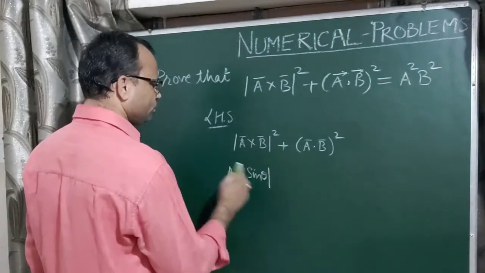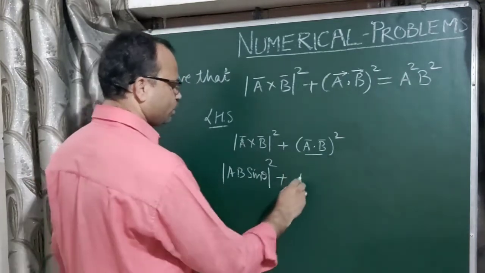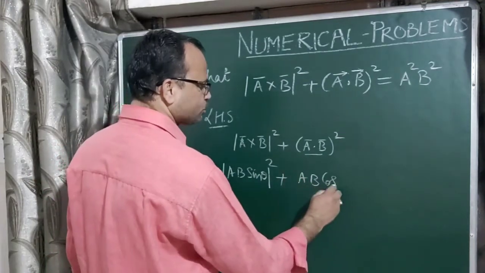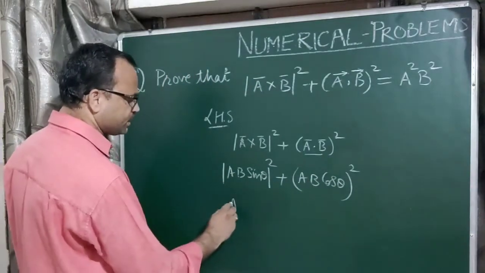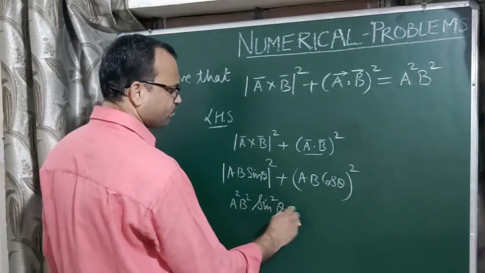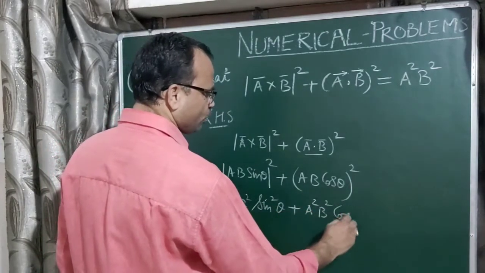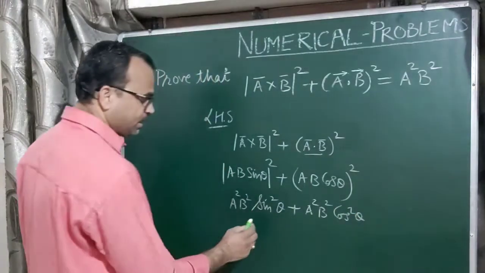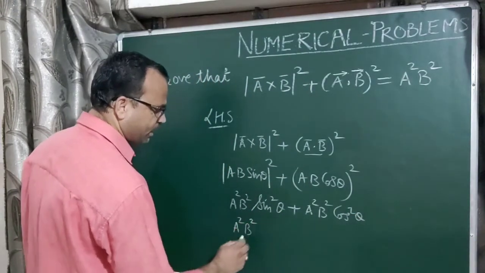Okay, squared, plus A dot B equals AB cos theta, here also squared. So this can be written as A squared B squared sin squared theta plus, similarly here, A squared B squared cos squared theta. Now A squared B squared is common, taken outside.